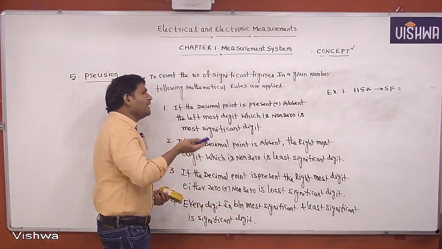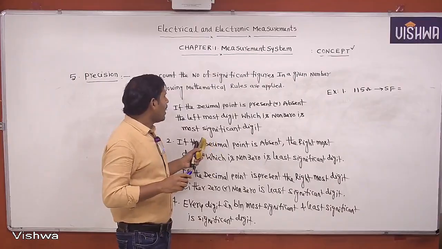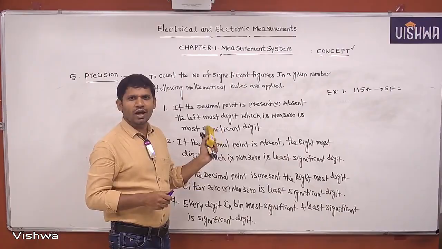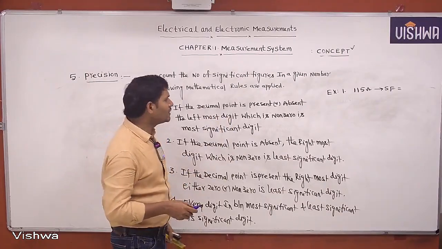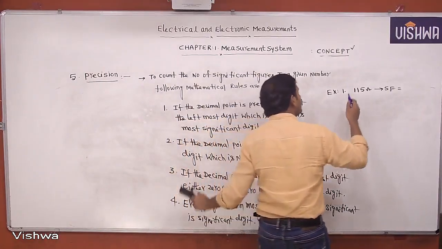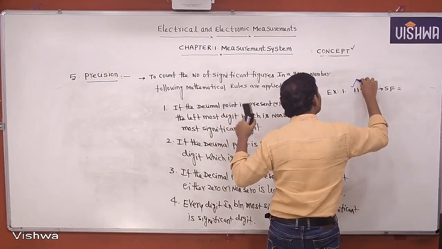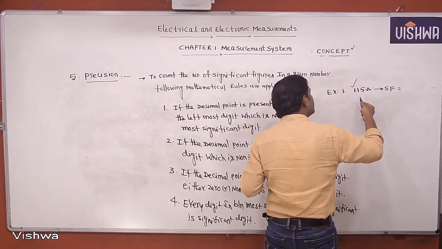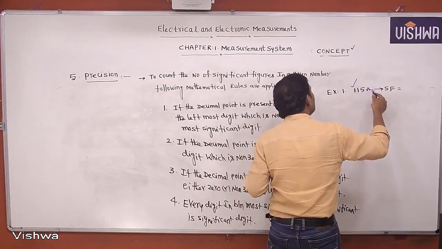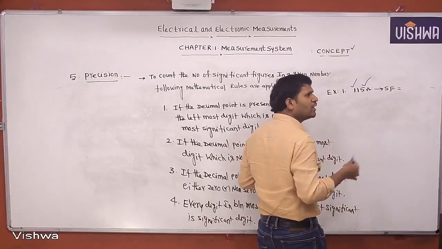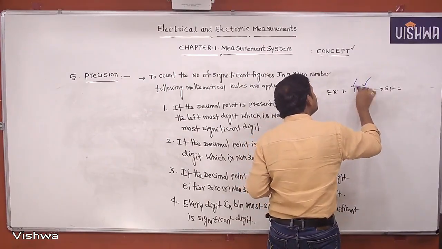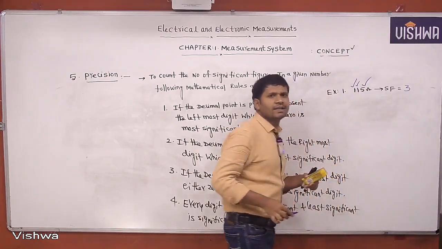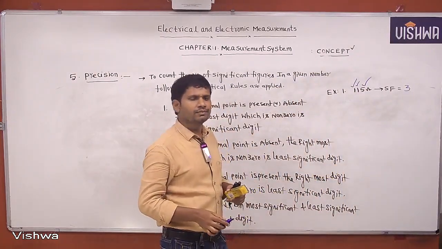If the decimal point is present or absent, the leftmost non-zero is always the most significant digit. If the decimal point is absent, the rightmost non-zero is the least significant. Every digit in between is significant. Then how many significant figures? 3 significant figures. Clear? Okay.